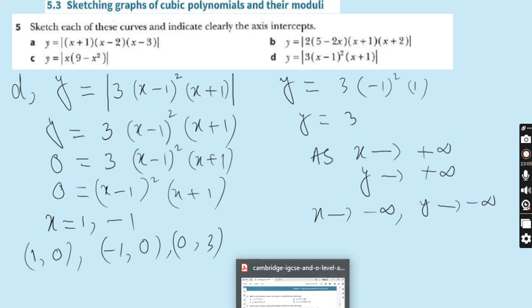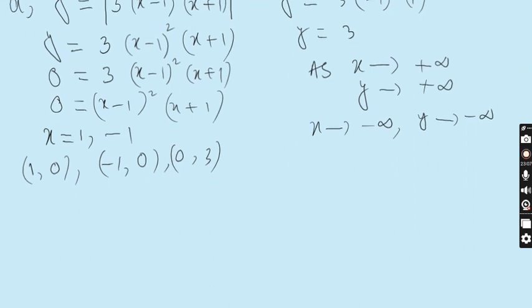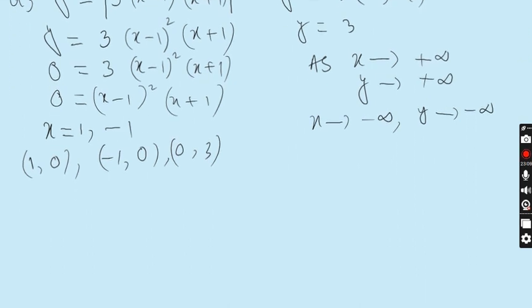Now it's time to sketch. This is minus 1. This is the origin. This is plus 1. And this one is (0, 3), like this.